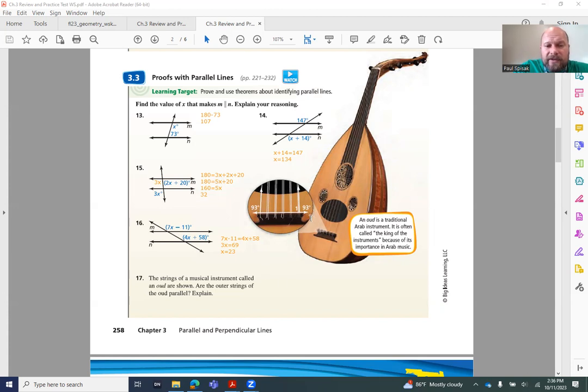So here, they should not be equal in order to be parallel. They should be supplementary. So on this one, we can say for sure that no, they are not parallel.